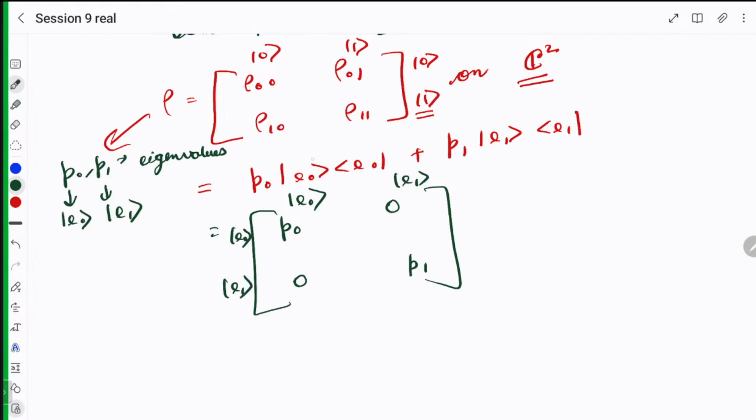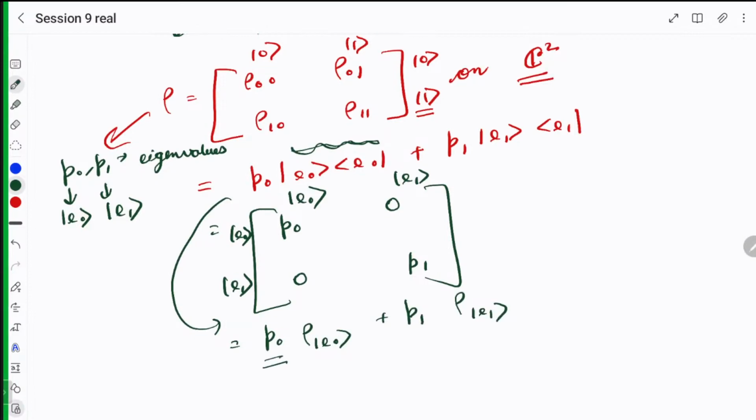Now you see E naught will be some pure state, so it will be the density matrix corresponding to some pure state. So basically I can write it as p naught rho E naught plus p1 rho E1.